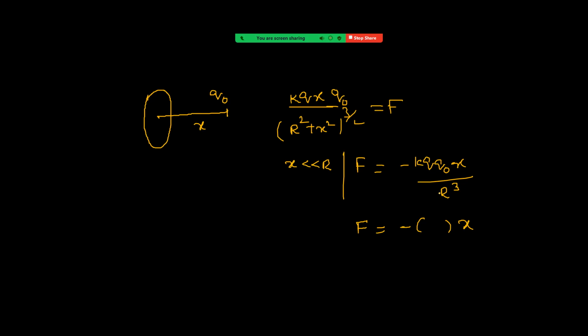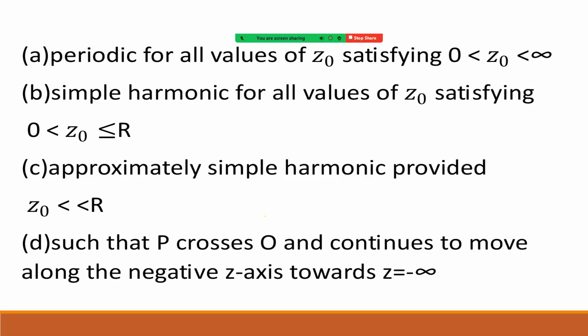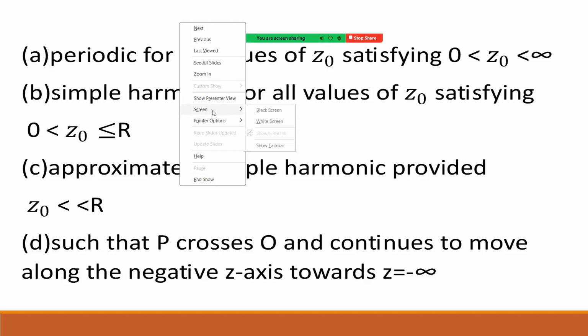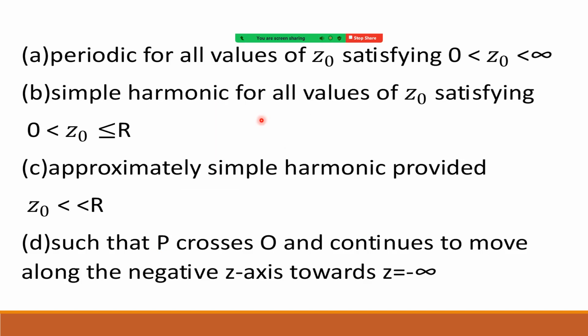Then if they ask what the time period is, we can calculate time period equal to 2 pi root m by k. In the place of k, we have k into q naught by r cube. Now in this, only option C is the right one. The reason is that when z naught is very small compared to r, it is simple harmonic.